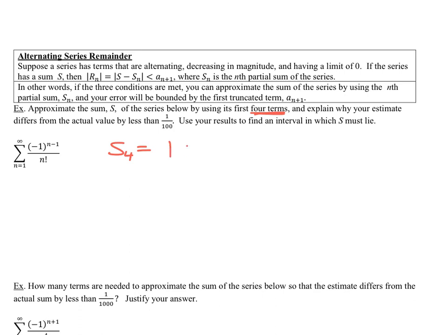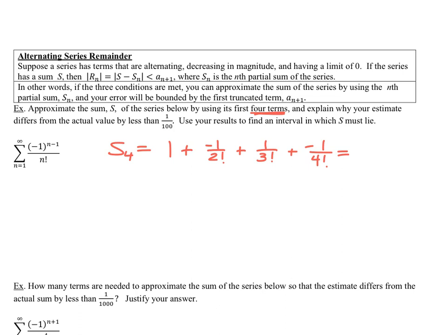The second term is going to be negative, so that's going to be negative 1 over 2 factorial, plus positive 1 over 3 factorial, plus negative 1 over 4 factorial. So we're finding the sum of the first 4 terms. We'll have to crunch those numbers, but that's not the end of the world.